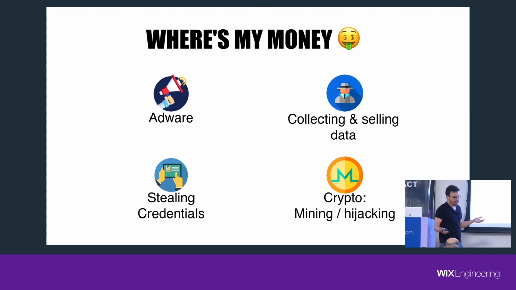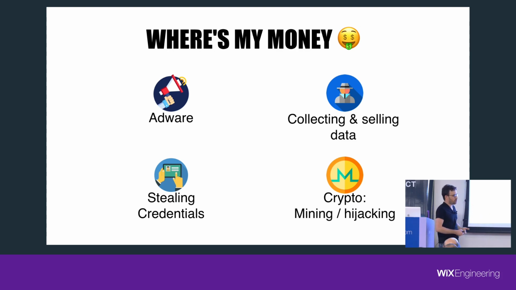Well, luckily, or not, extensions don't try to steal your photos all the time. They have more interesting things to do, like making money. So the most popular things they do are, first of all, AdWords, injecting advertisements into your browsers, also collecting and selling your data to third-party companies, stealing your credentials and hacking into your accounts, doing whatever they want, I don't know, likes on Facebook or whatever.